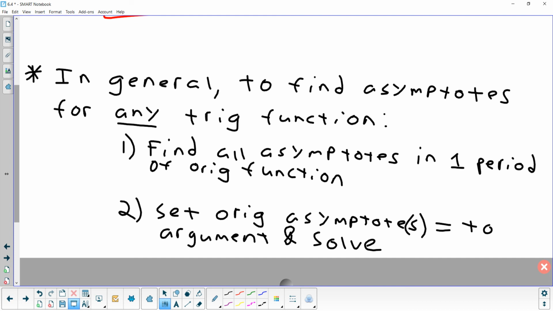But when we look at the graph of tangent, if you zoom out, how many asymptotes are there? Infinite. There's infinitely many. You need to describe them all. And by describing them all, I don't mean to write every single one of them down. That's not how to do it.